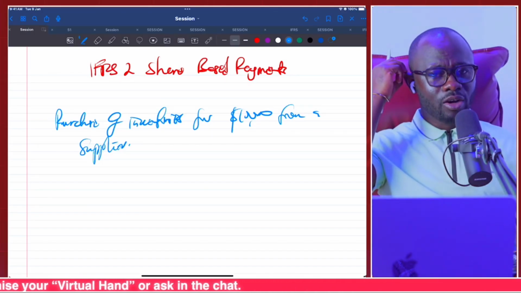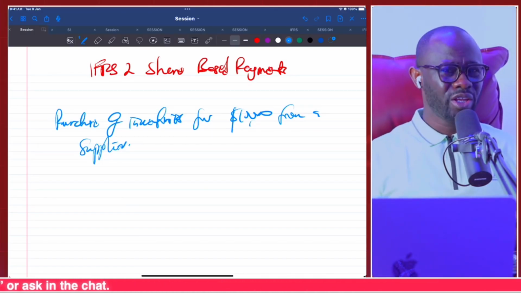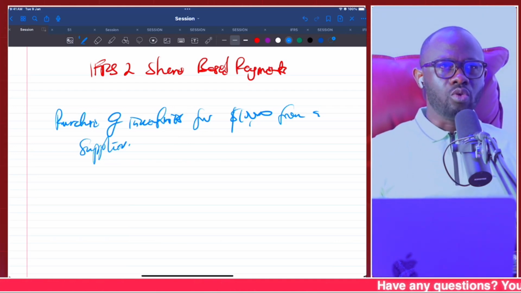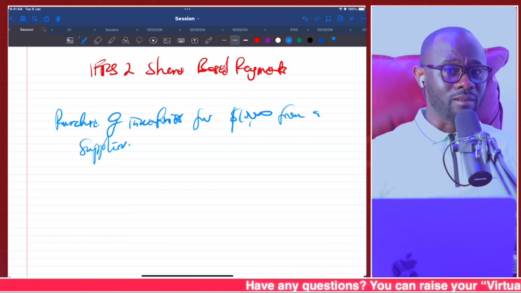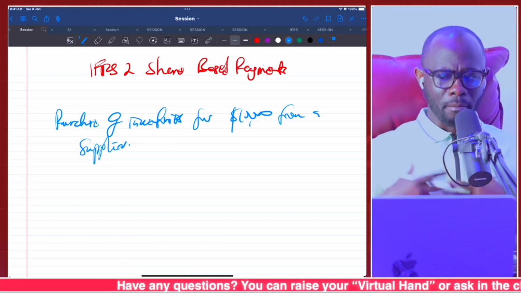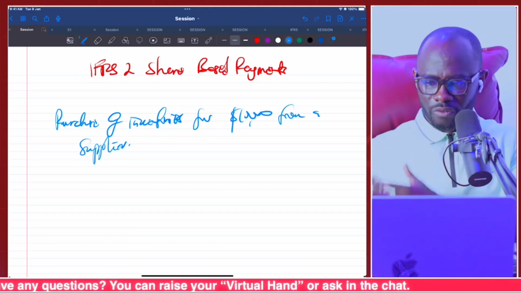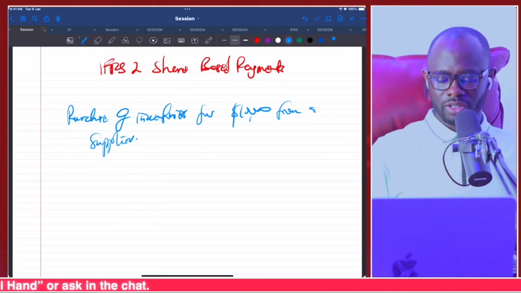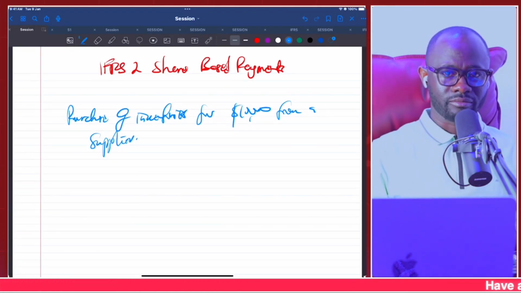But sometimes the deal will be structured that, hey, we don't have money to give you, but we will pay you at some time in the future based on the value of our shares. That is the idea about share-based payment.